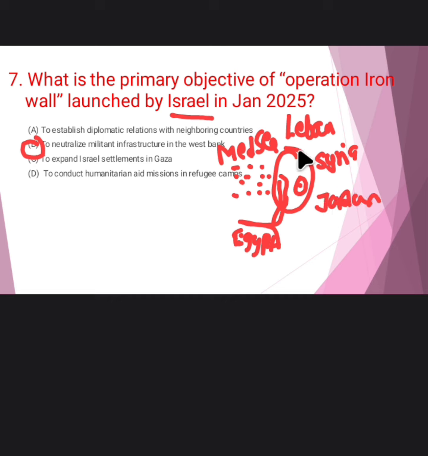So basically, Israel is surrounded by both landmass as well as water. It has land borders with 4 countries, which are Lebanon, Syria, Jordan, and Egypt. So all these we also have to know regarding Israel.